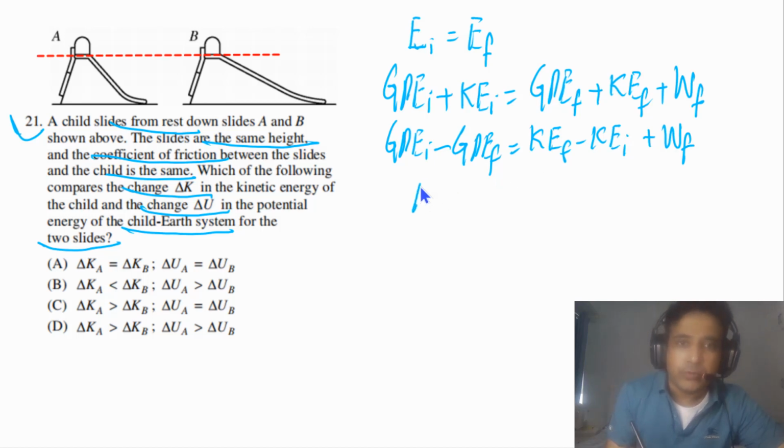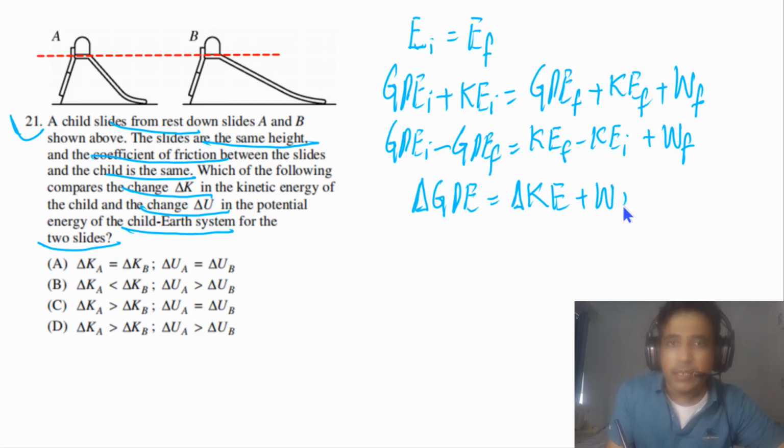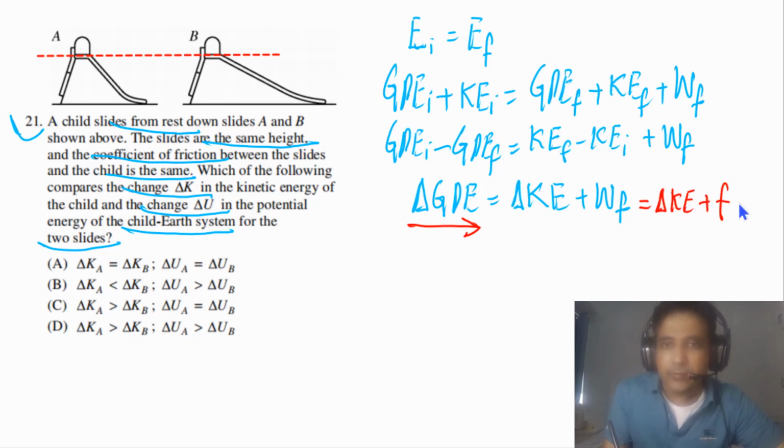Now we can write this in terms of change in energy: delta GPE has to be equal to delta KE plus work done against friction. In this case, change in GPE is the same. So we can rewrite this as delta KE plus force of friction times the distance traveled.